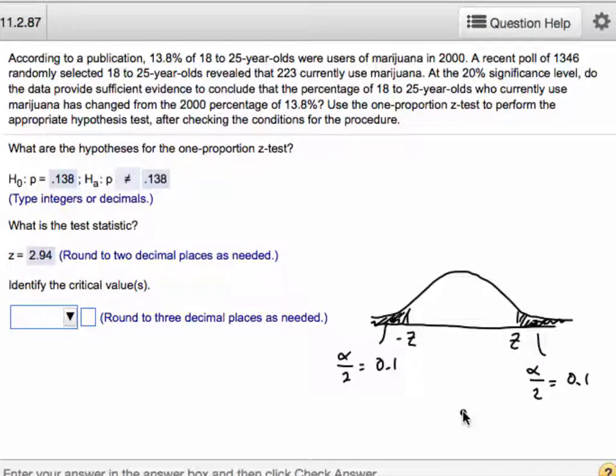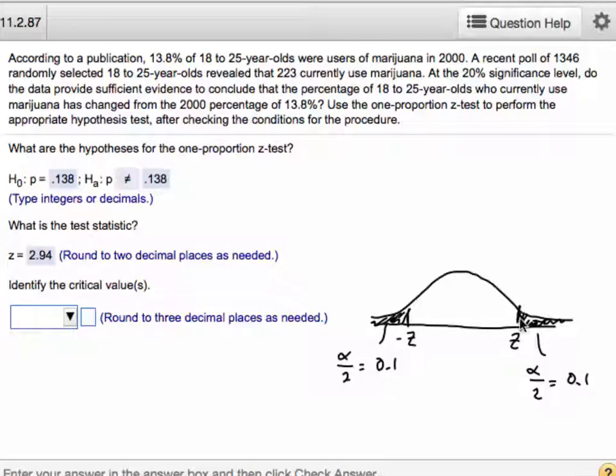Okay, anyone got a z chart? So this is an area, right? And we're back calculating what the critical value is. So where are you going to look in your table? Are you going to look at 0.1? You could, or you could look at 0.9, right?